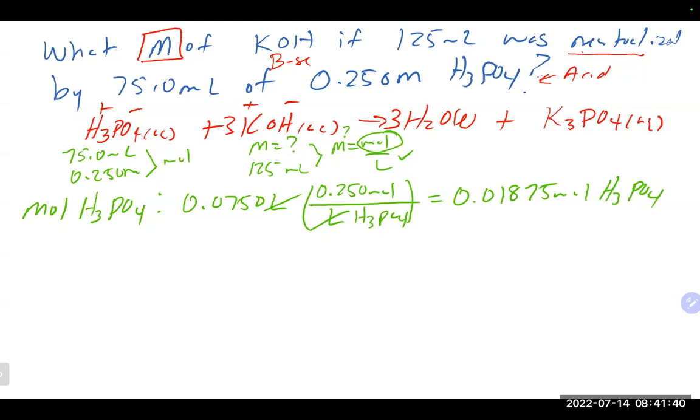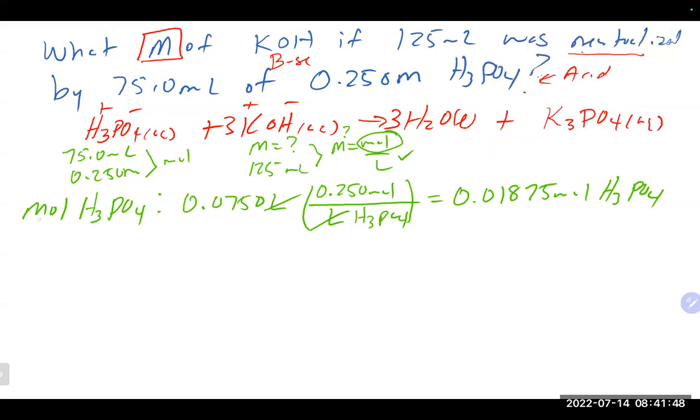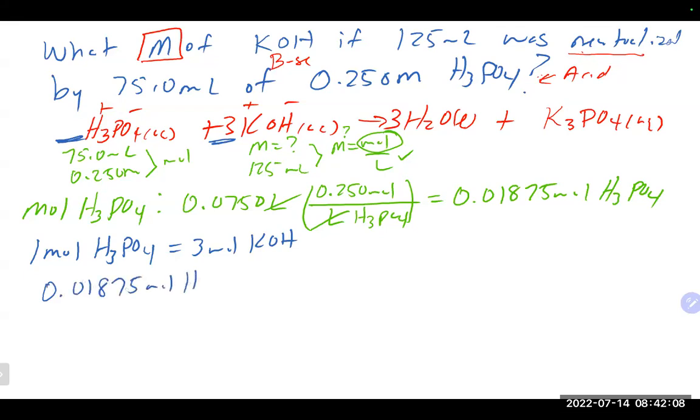Once again, we do need to get to moles of KOH to help us solve it. So we're going to go to the equation, and this is really, again, the stoichiometry part of it. And we see from the equation for every 1 mole of H3PO4, we get 3 moles of KOH, from the coefficients there from the balanced equation. That is what we're going to use to get us to moles of KOH, which is what we really need here.